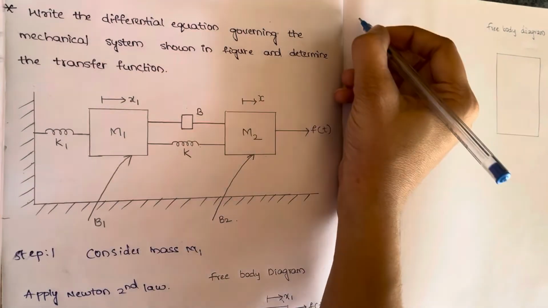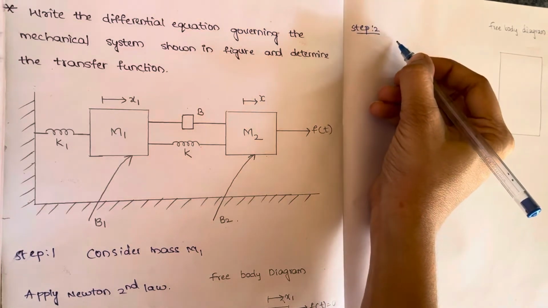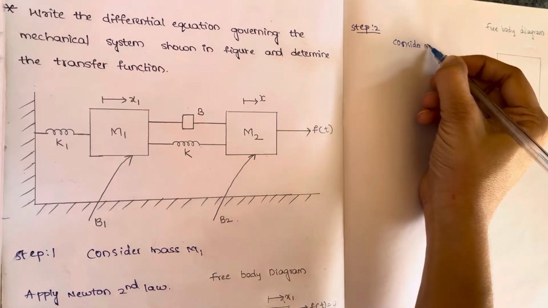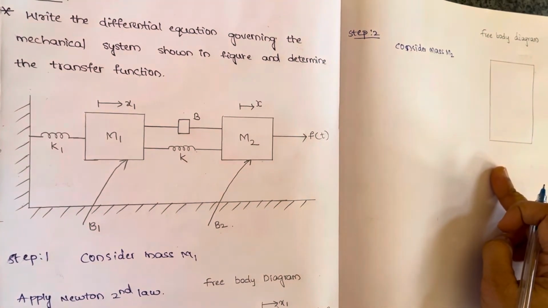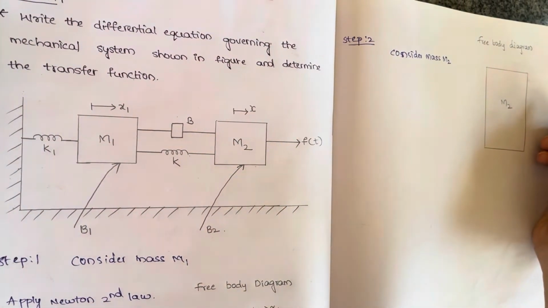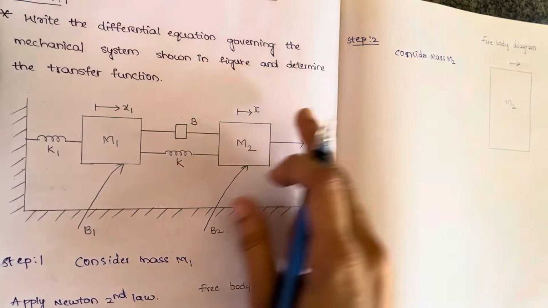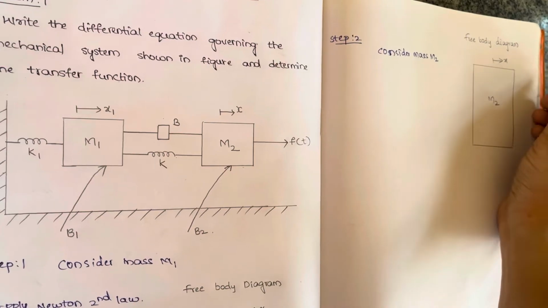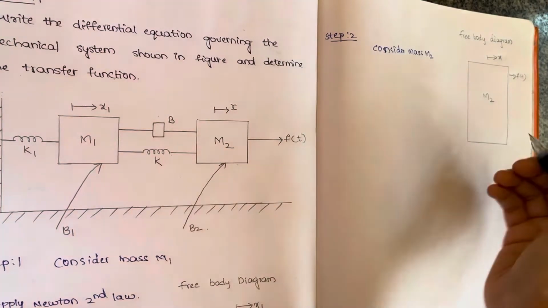Now step 2. Consider mass m2. This is the free body diagram for mass m2. The variable which is associated with m2 is x, and f of t, yes, we have f of t on mass m2.